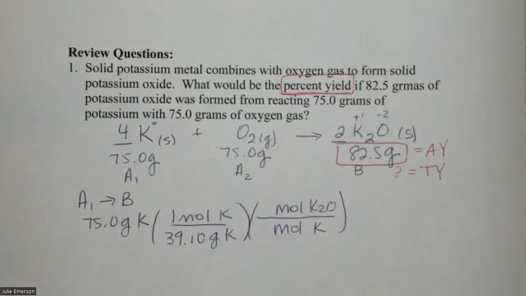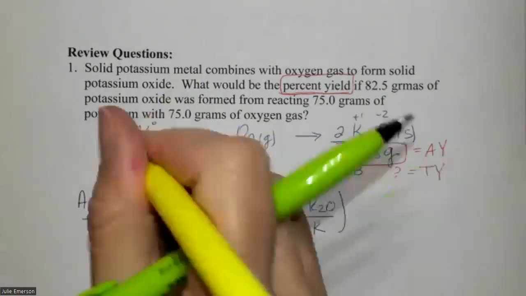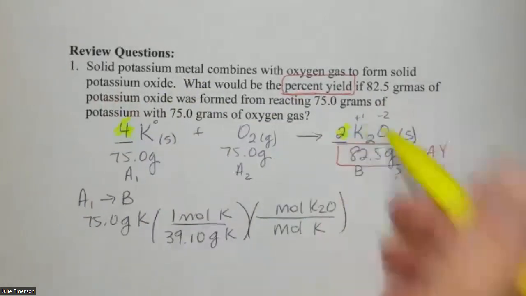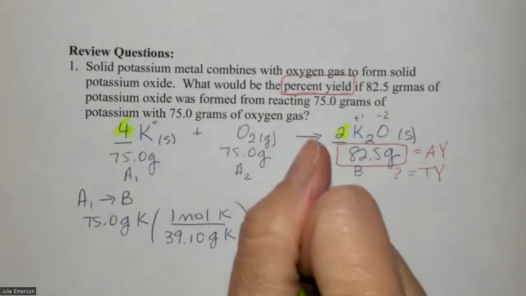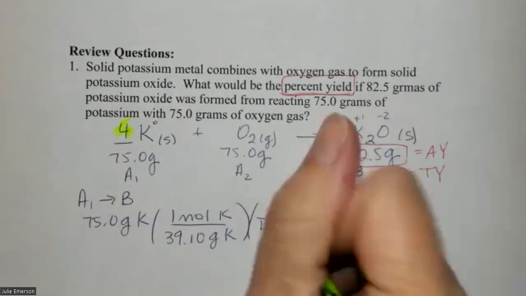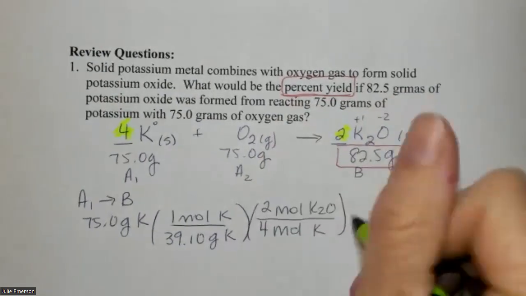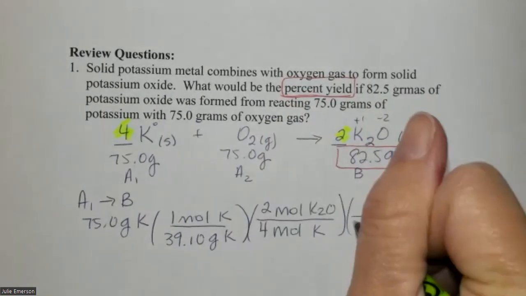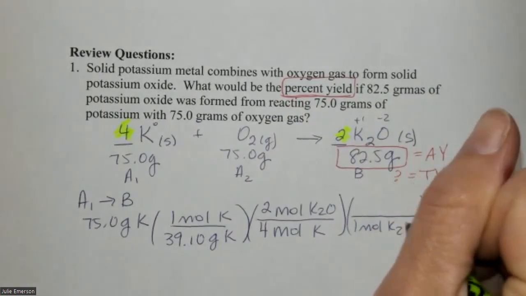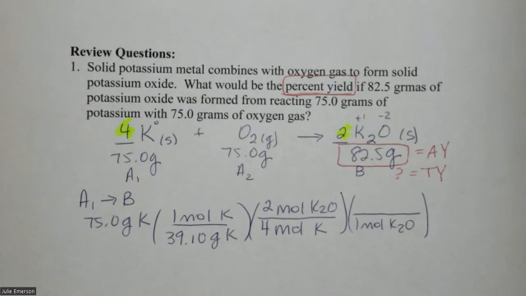This is where the coefficients come in. So now I look at the 4 and the 2. On the bottom with potassium, 4, and on the top with K2O, 2. Last one here, for 1 mole of K2O, 39.1 times 2 added to 16.